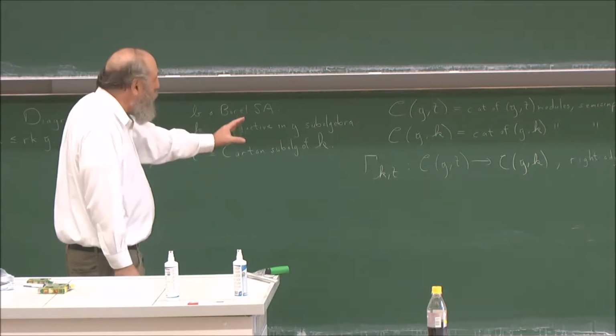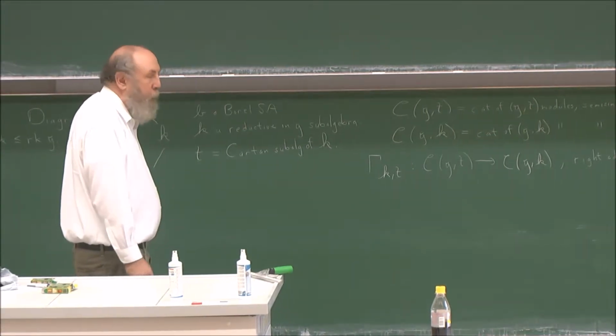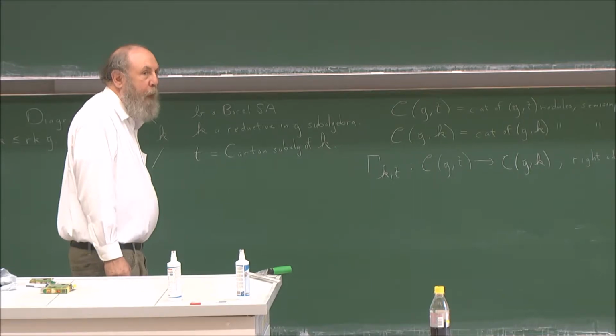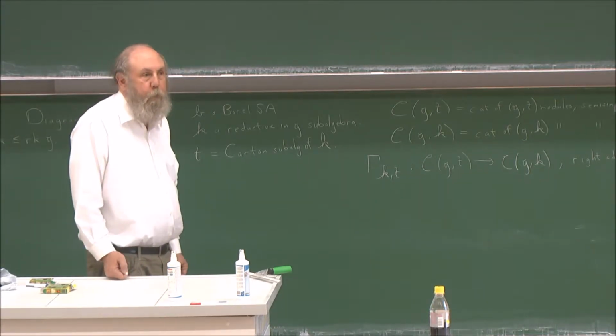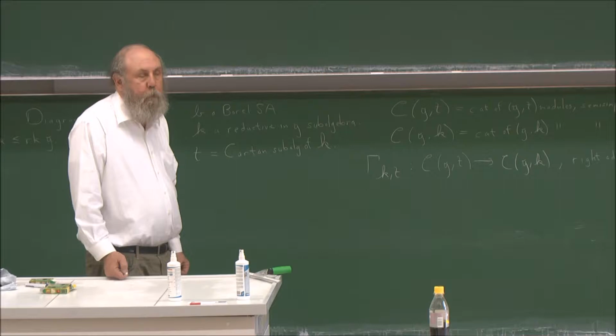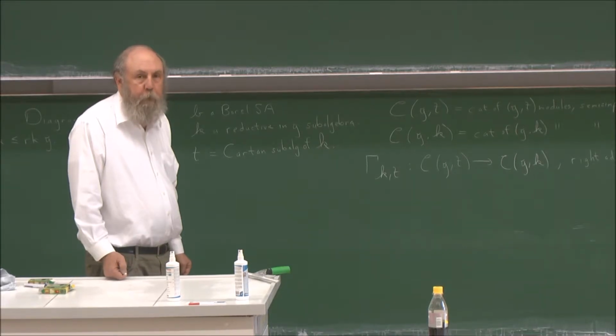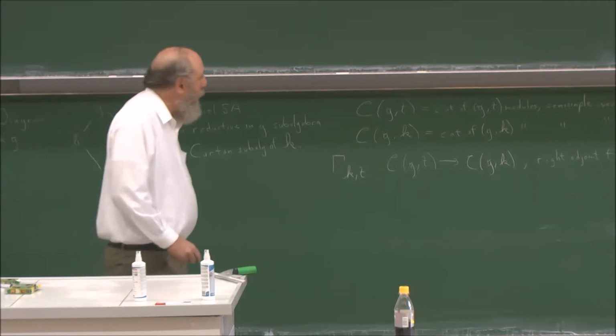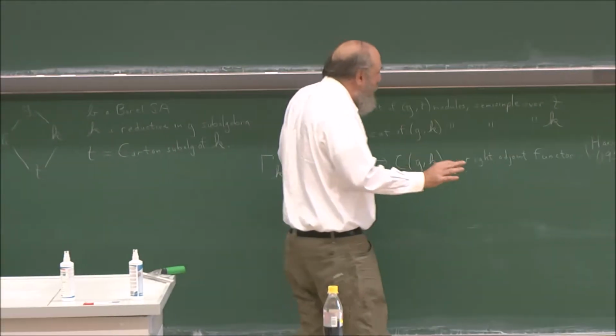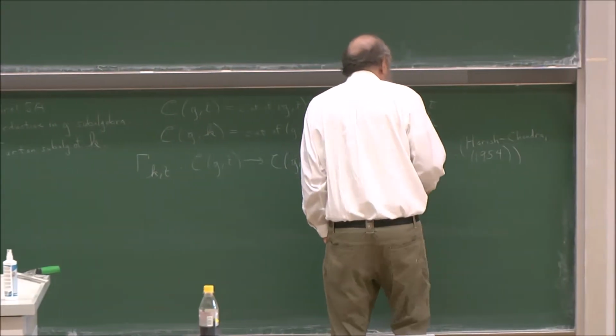All right, so this construction was actually around for a long time. It can be used, for example, to give an algebraic description of the principal series of a semisimple Lie group, and I'll just mention that without going into any details.